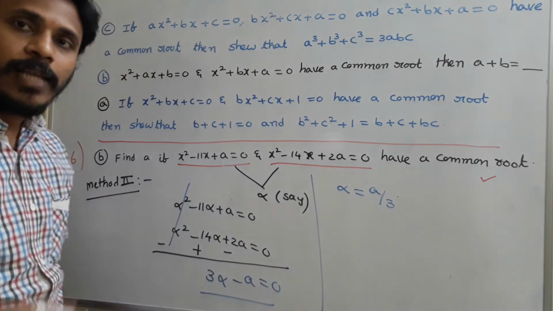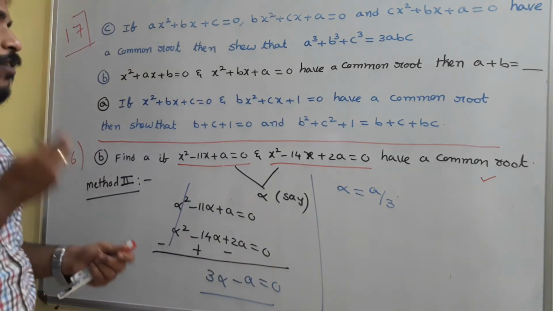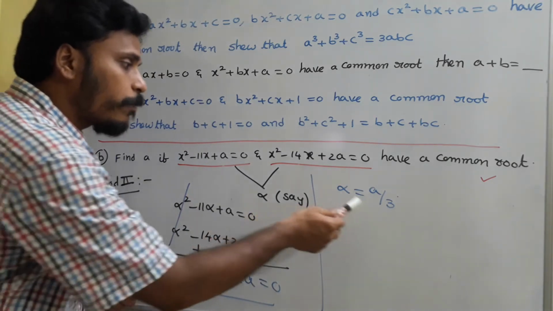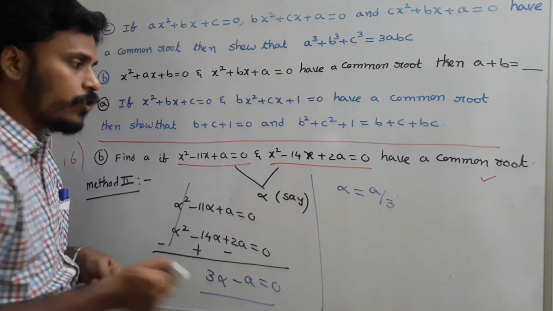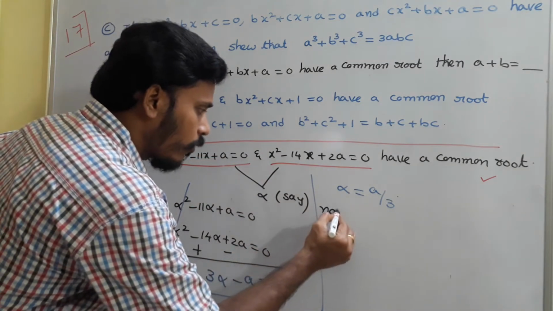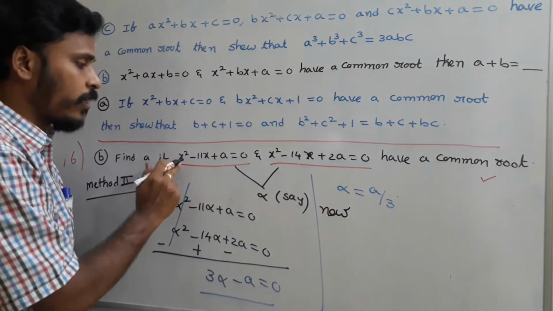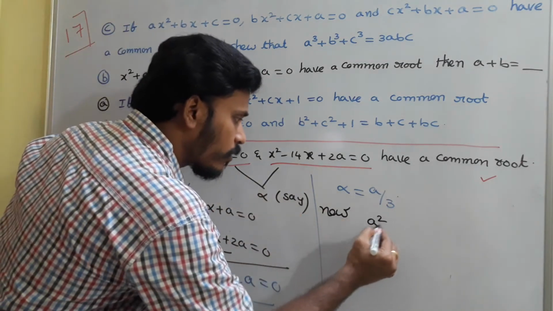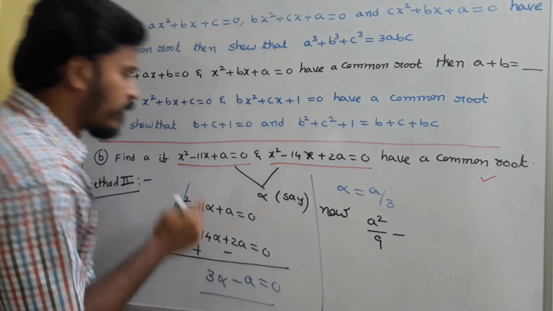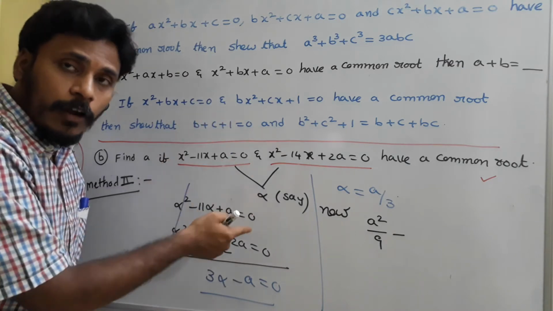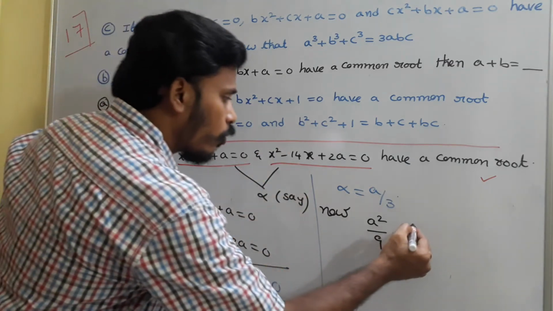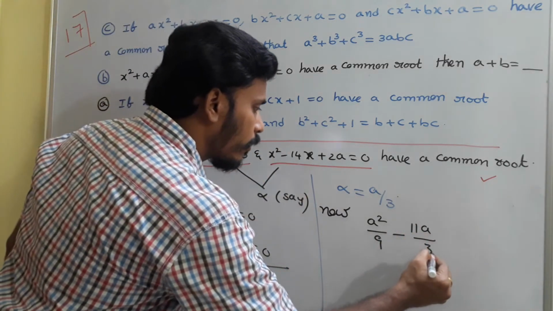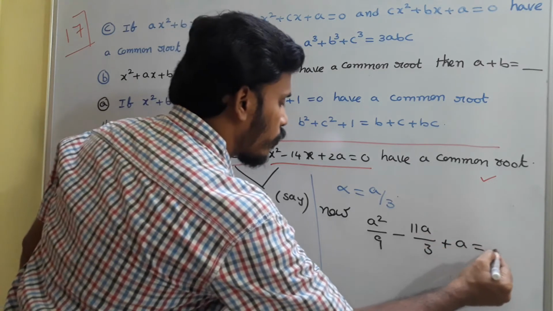And since alpha is equal to a by 3, now you just replace alpha by a by 3 in any one of these two equations. So if you replace in the first equation, x square is a square by 9 minus 11x, where x is alpha, and alpha is a by 3, so 11 a by 3, plus a is equal to 0.